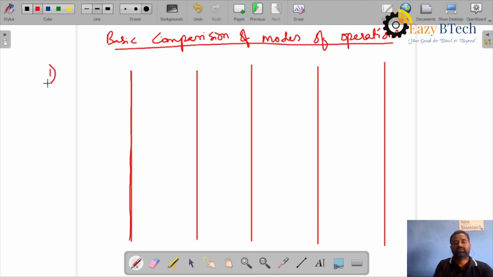Okay, the first we'll call this modes of operation. Next it is JE junction. It is JC junction.